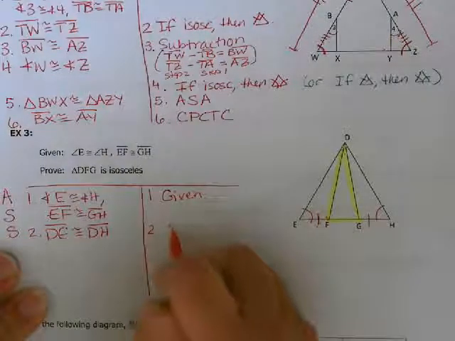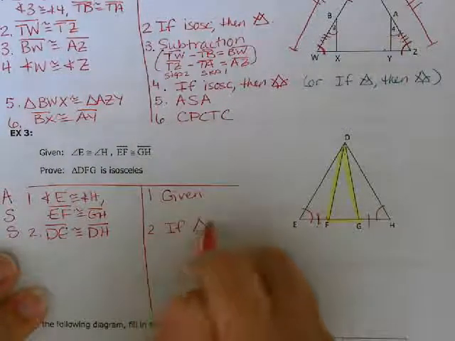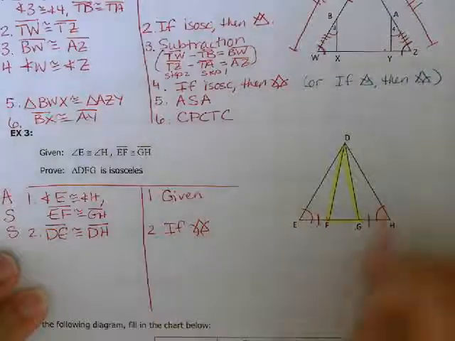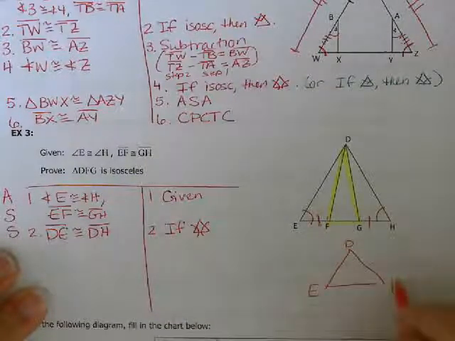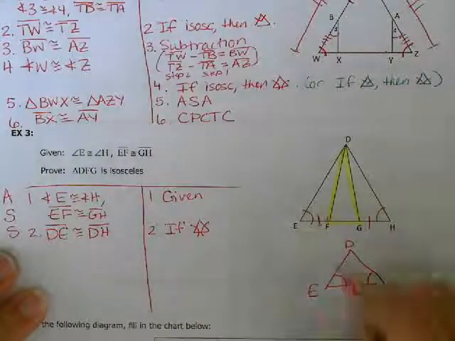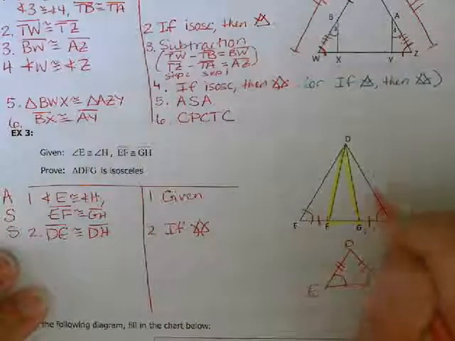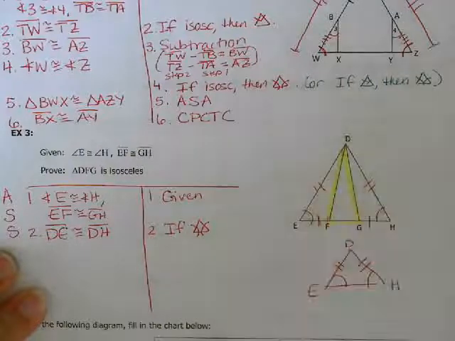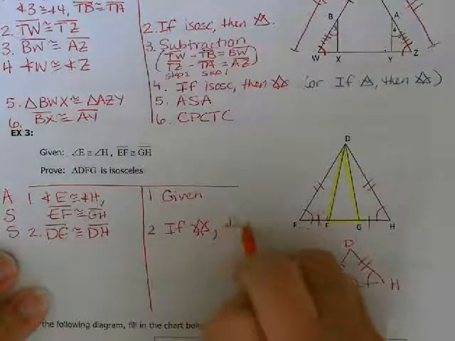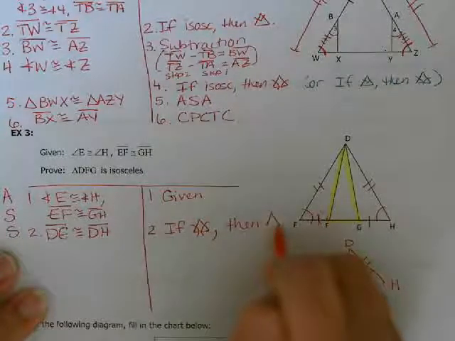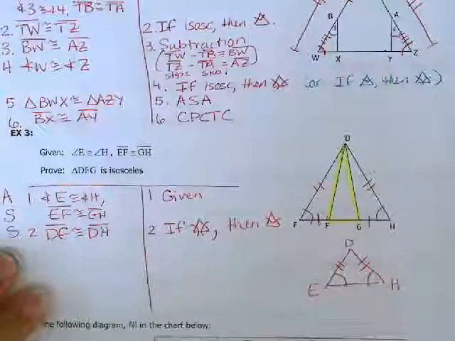Because if the base angles of a triangle are congruent, and that's true in triangle DEH, then I can say that the sides opposite them are congruent. So if the base angles are congruent, then the sides opposite them are congruent.